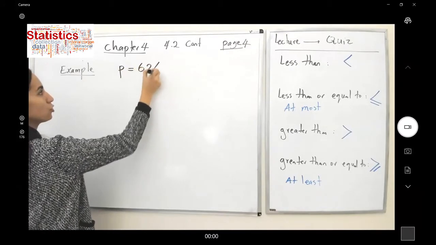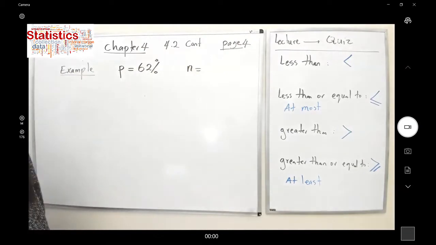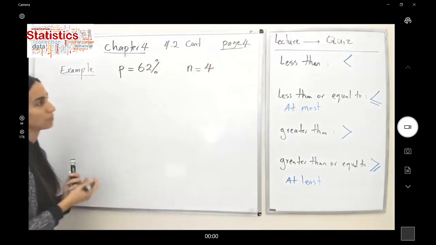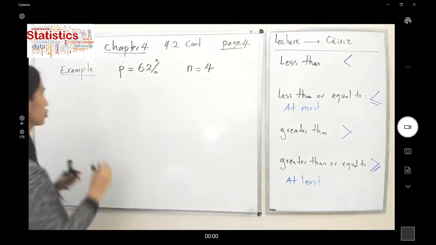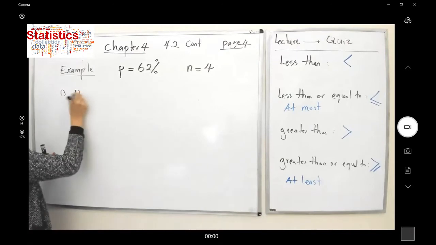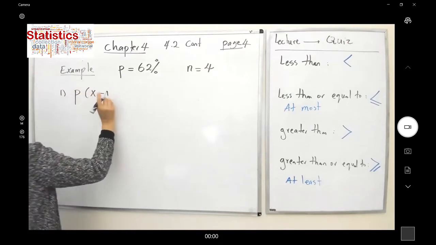What is N? We asked exactly 4. So question 1 asks, what's the probability that X is exactly 2?